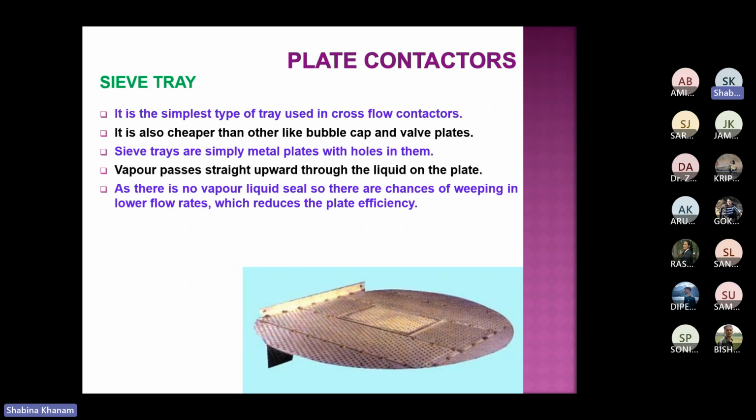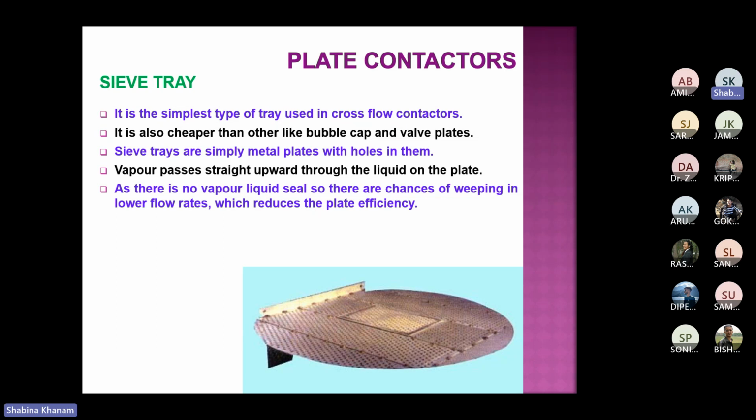So the point is that we should not use a sieve plate when we are dealing with a low flow rate of vapor. Therefore it is mandatory to check this weeping condition. We will discuss all this in the detailed design.